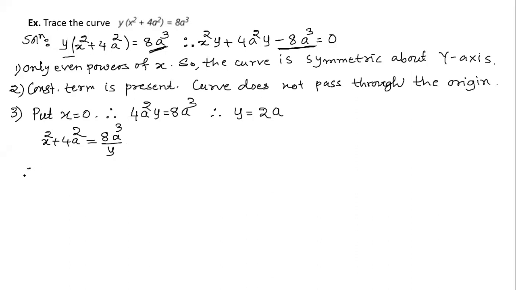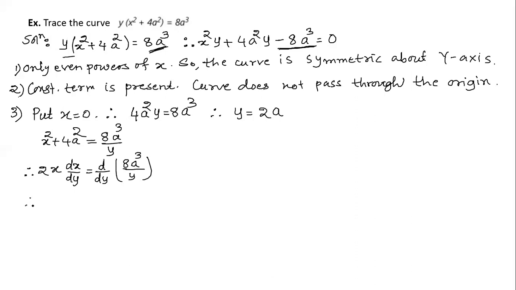So differentiating with respect to y, 2 into x into dx by dy plus 0, and that will be equal to d by dy of the entire thing. We are not going to simplify this.